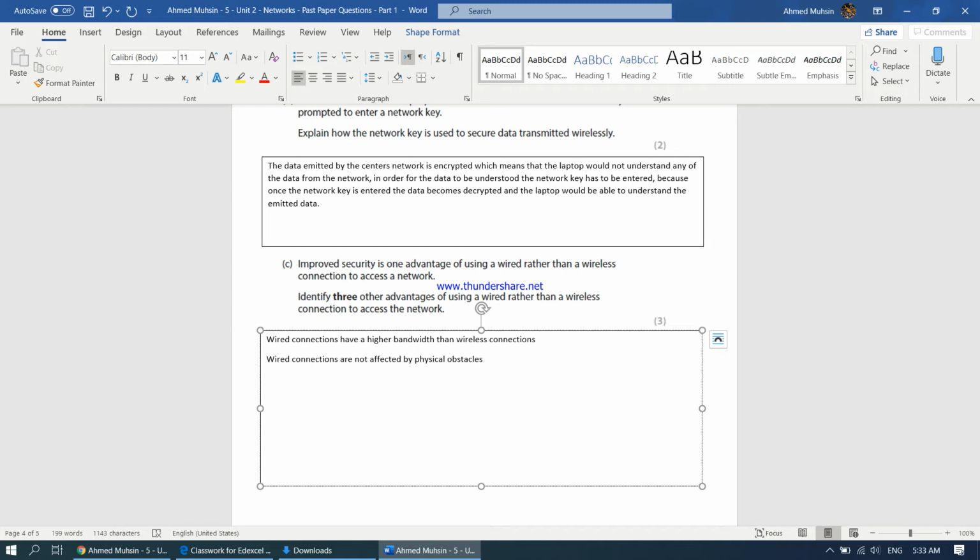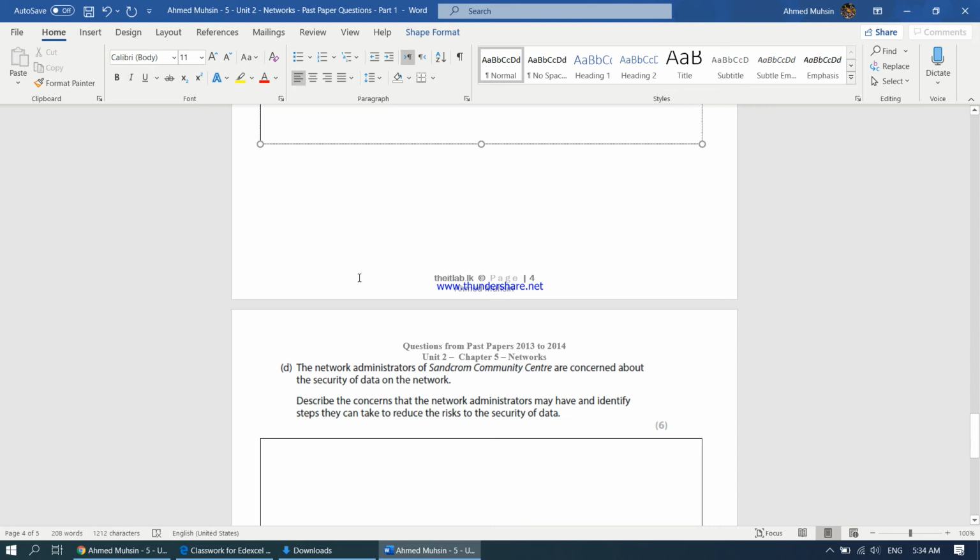Your third advantage could be that wired connections are not interfered with by other electromagnetic signals. Other electromagnetic signals will not be a problem to your wired connection. So these are 3 advantages that you could mention.